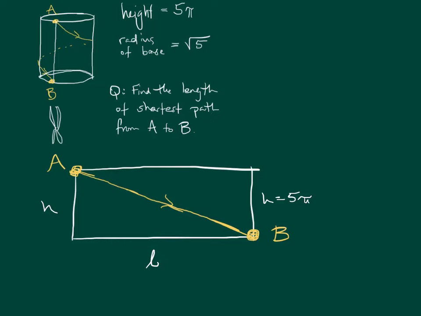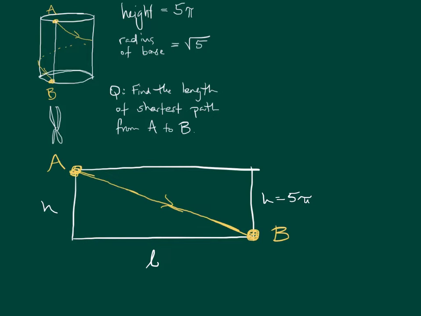The answer to that question is the same as the answer to the question, what is the circumference of the base? Because the circumference of the base is exactly this length down here. Does that make sense?